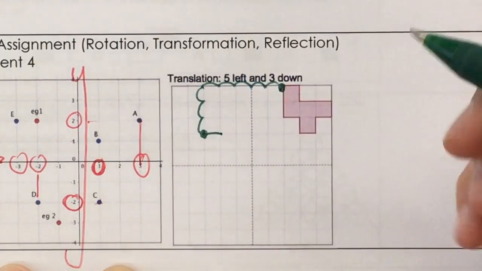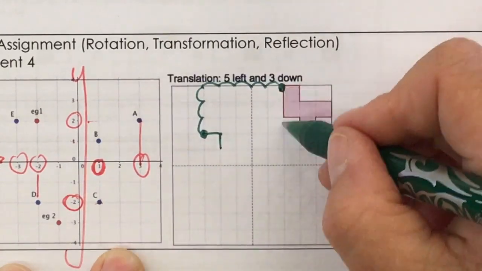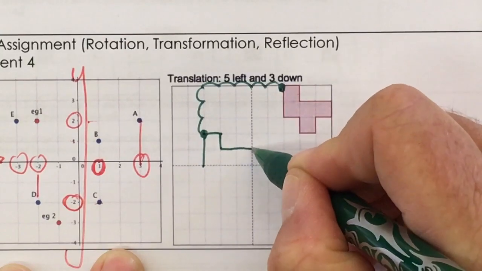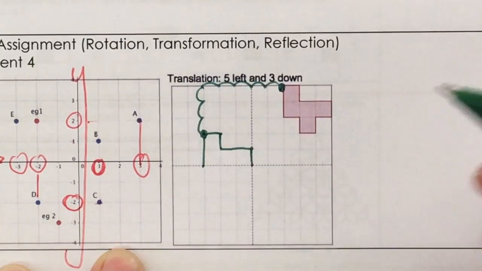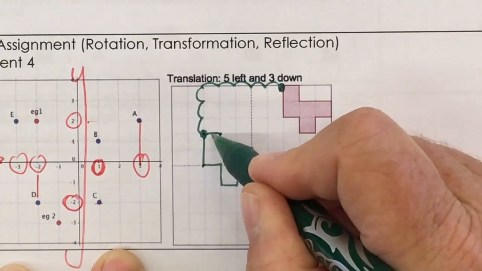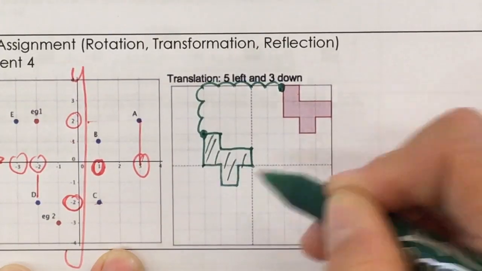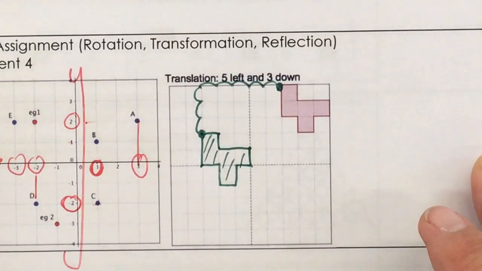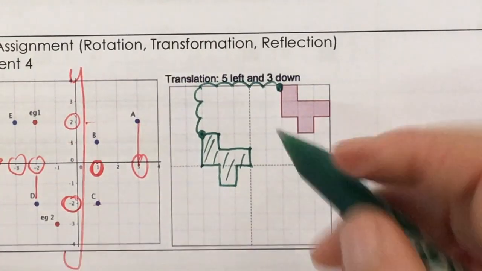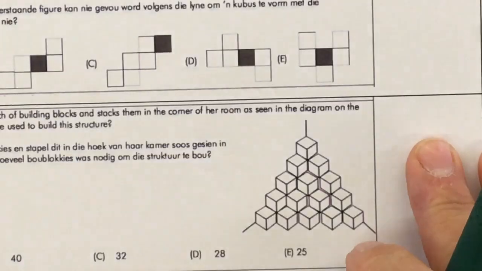Now, in the exam, I'm expecting you to use a ruler. But since I'm such a master, I'm allowed to just do freehand. Well done, man. Okay, and you have now translated, and you have now moved your drawing, and then it is correct, and it's exactly the same size and same number of blocks. That looks neat.